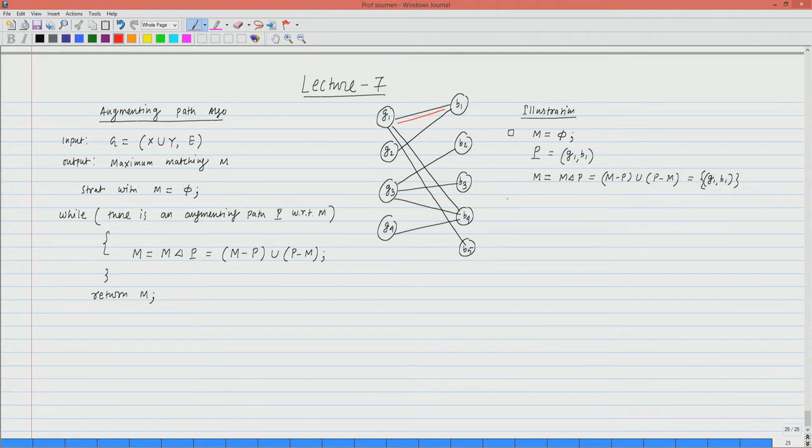Now, at the second iteration, you have a matching M and you have to find an augmenting path with respect to this matching. I could not give an example of an augmenting path in my previous lecture. Now, I will give. I have to find an augmenting path with respect to this matching now.